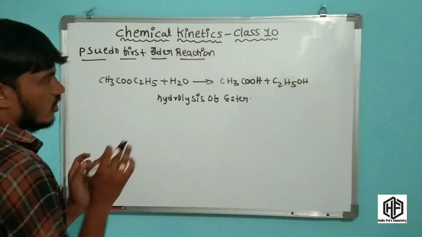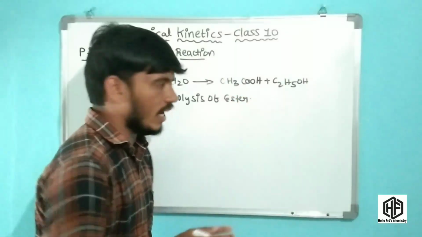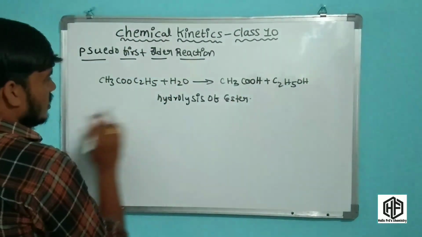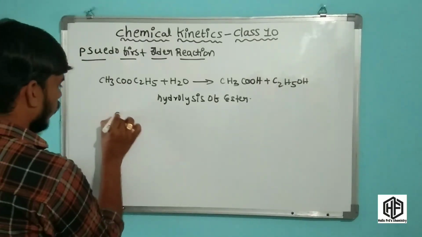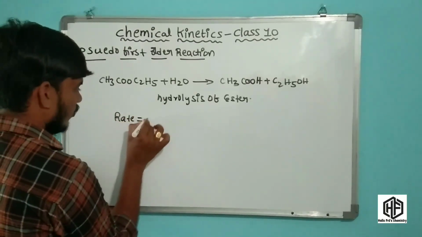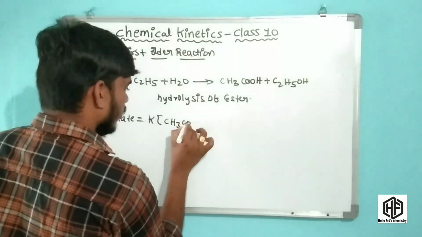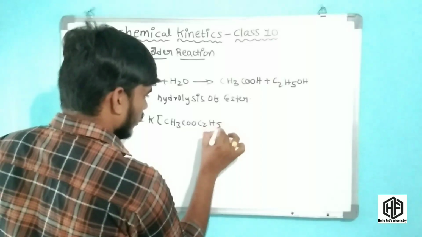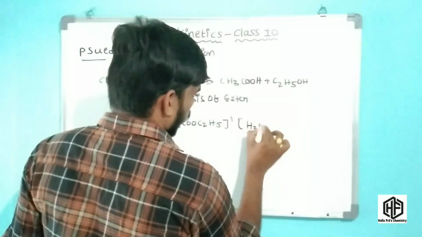Now what is the hydrolysis of ester? Ester is reacted with the water to form the acetic acid and alcohol. Now the rate of this reaction is K into concentration of ester power 1 and concentration of H2O power 1.